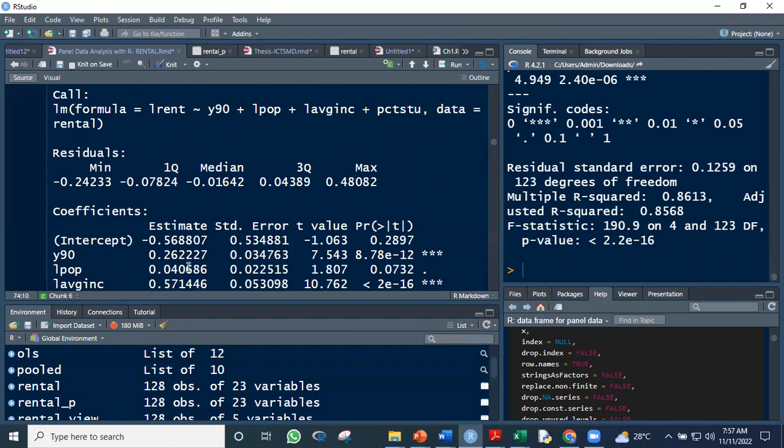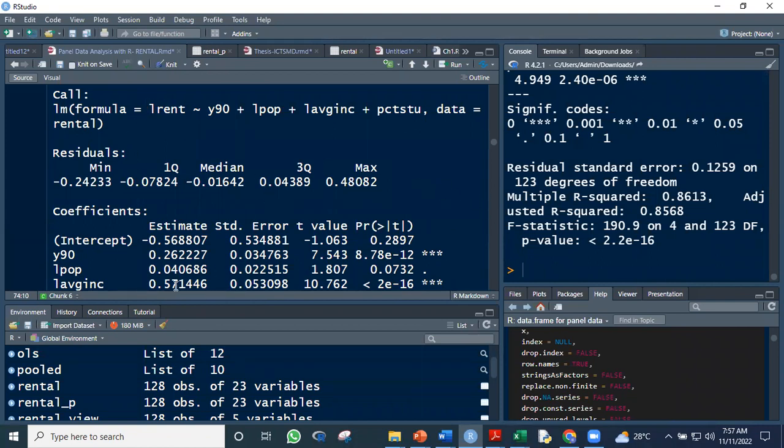So this is interpreted as a 1% increase in average income will yield a 0.57 increase in rental.